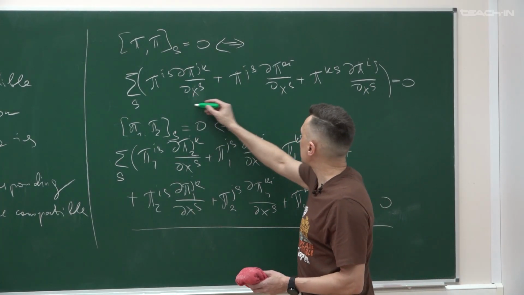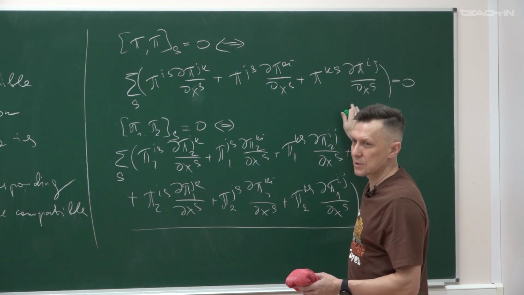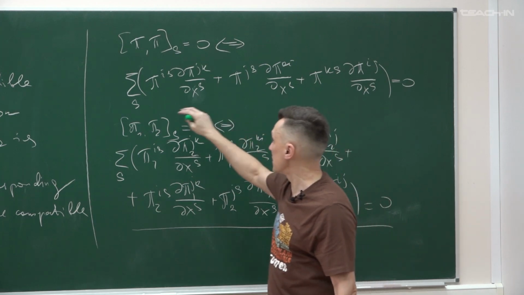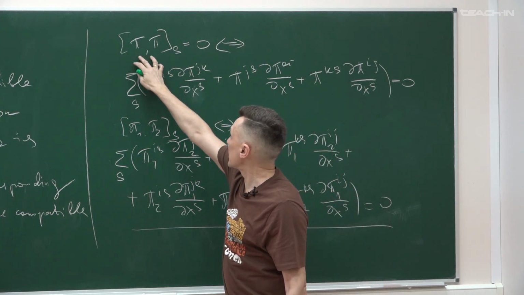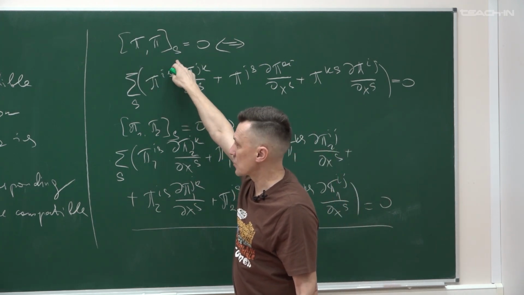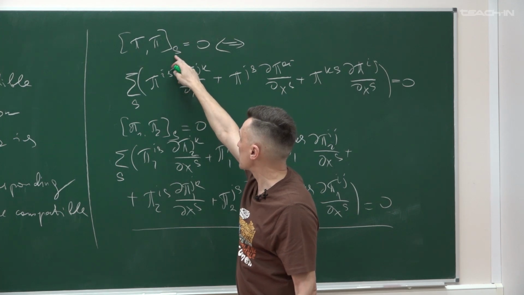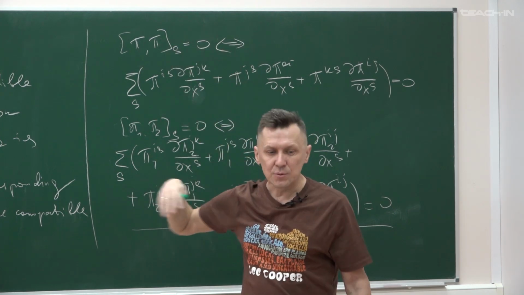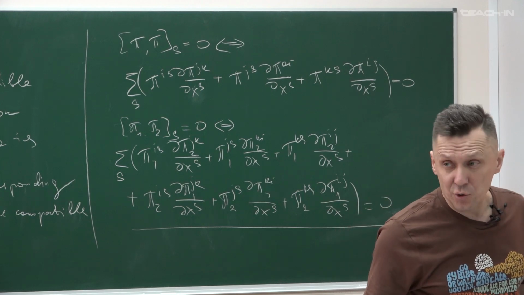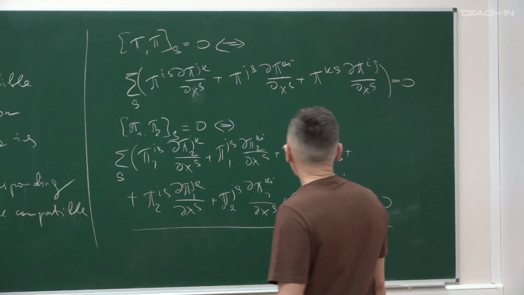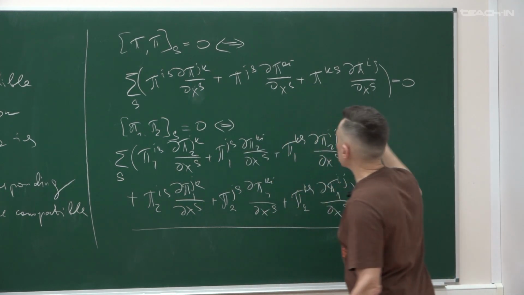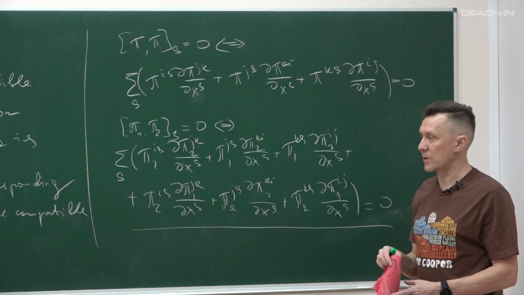So this is known for us. We discussed it at the beginning of our course, that a Poisson bivector satisfies the Schouten bracket square equal to 0, which is equivalent to the Jacobi identity if this condition is satisfied.